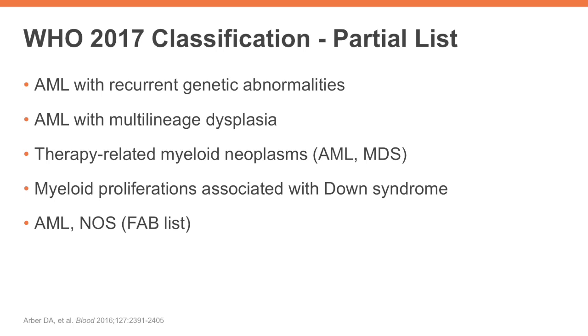So there's AML with recurrent genetic abnormalities, AML with multilineage dysplasia, the therapy-related myeloid neoplasms, myeloid proliferations associated with Down syndrome, and then AML not otherwise specified, where you refer back to that original FAB list. This WHO classification defines entities that are biologically homogeneous and have important clinical relevance.